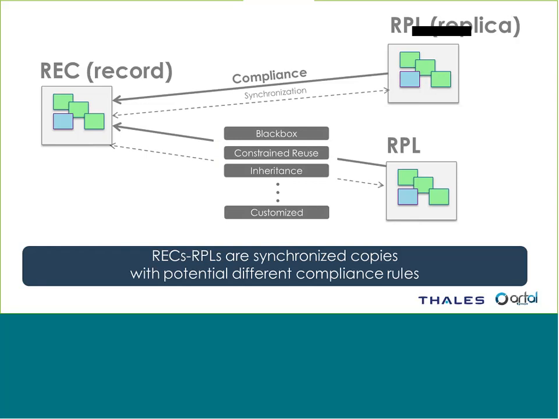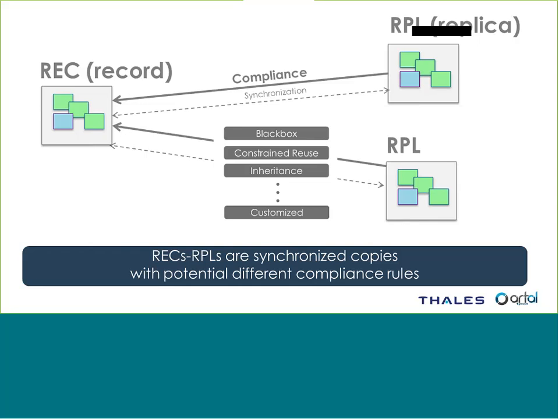So behind that we have the idea that you can reuse a component and its functions. You can add new functions to the component, but you cannot change the interfaces, so the ports of the component. Inheritance will be another kind of compliance where you reuse the content of a record, but you can add everything you want.